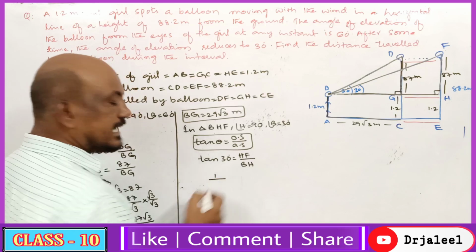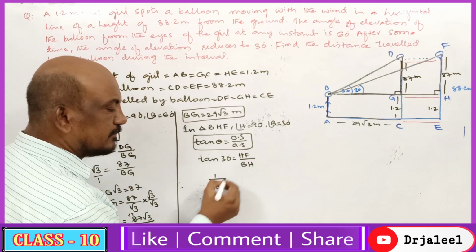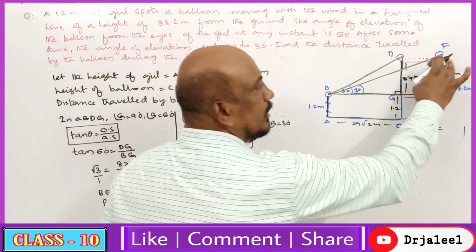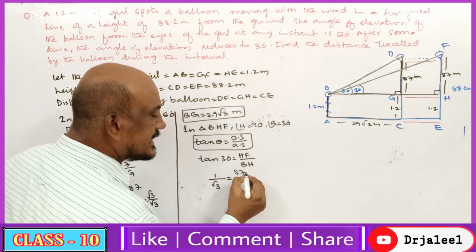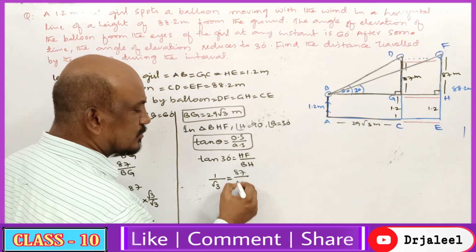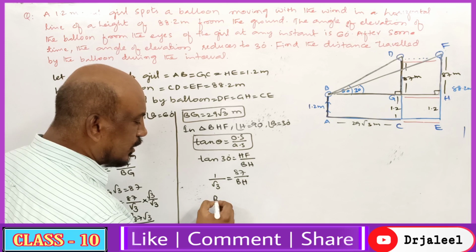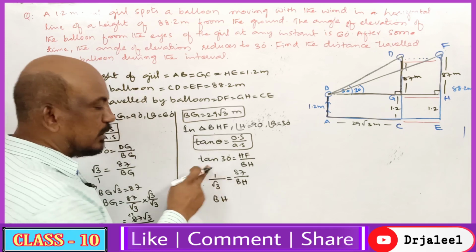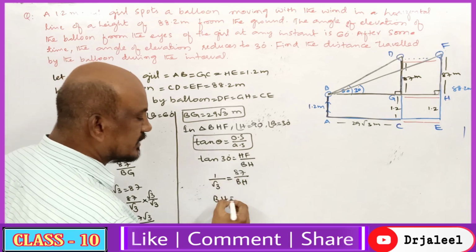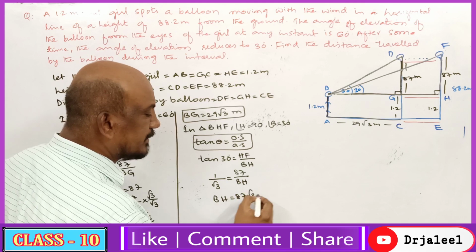Tan 30 is 1 by root 3, equal to HF, which is already available, 87, by BH, which we don't know, so I keep it as it is. When I cross multiply, BH into 1 is BH, and 87 into root 3, so BH is 87 root 3 meters.